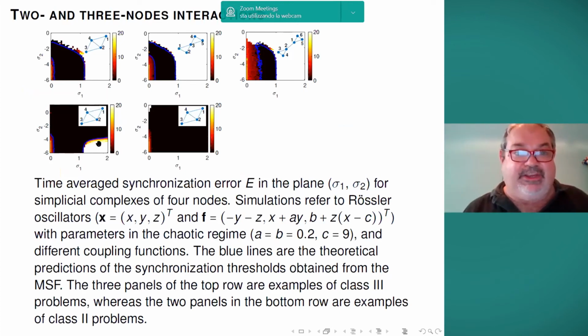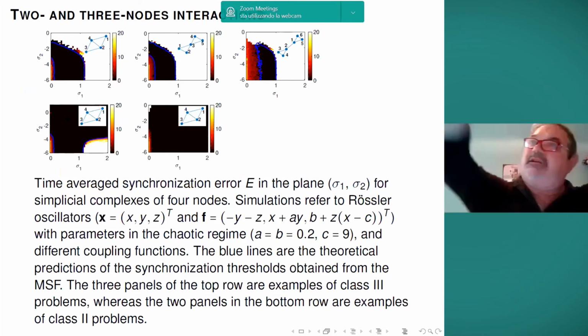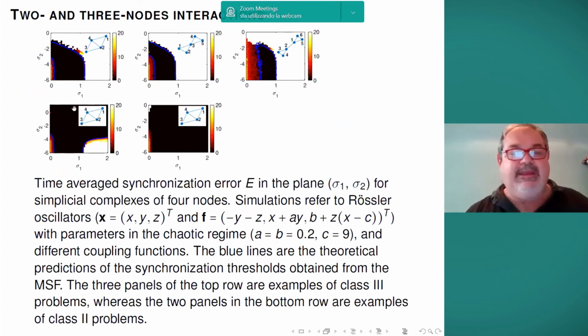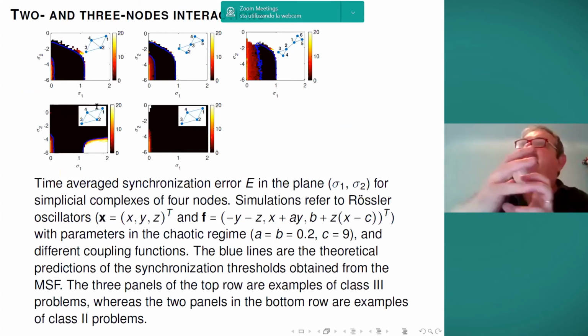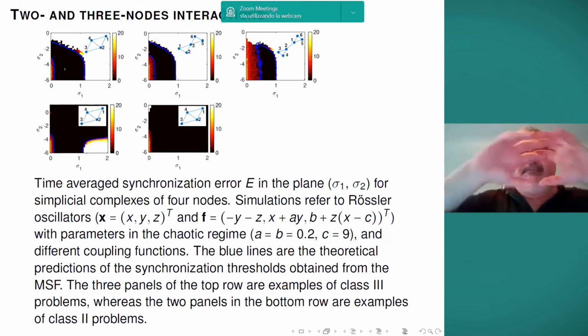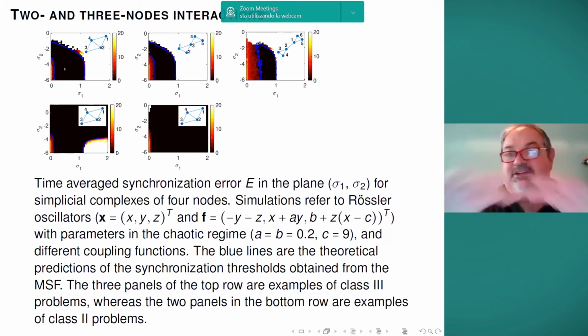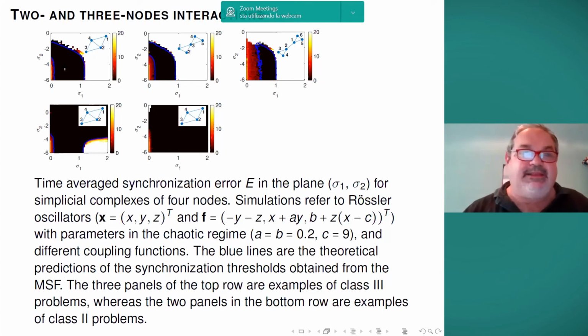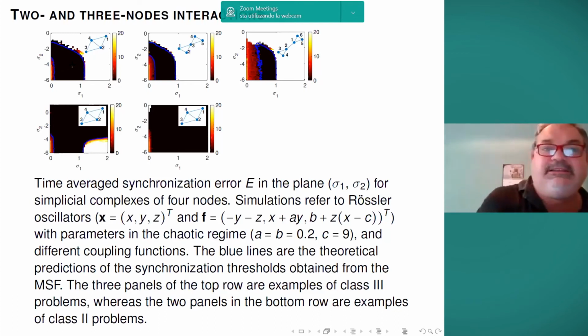A class in which the coupling region has infinite volume, it is infinite in the plane, so after a given while you always synchronize. And a situation in which you have a region which is bounded in the plane, and so you synchronize only inside this region.